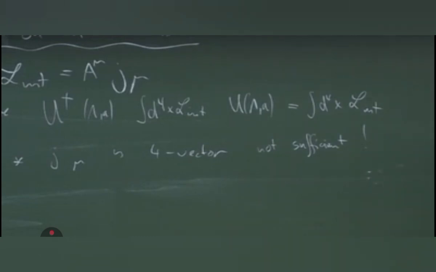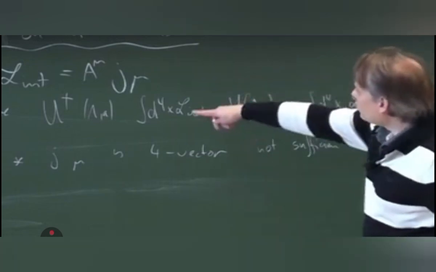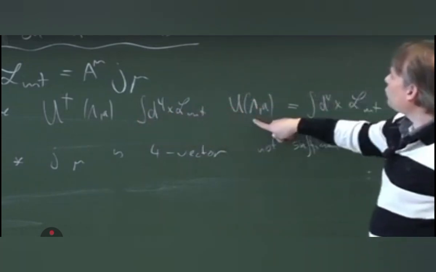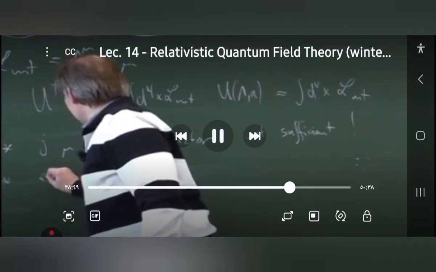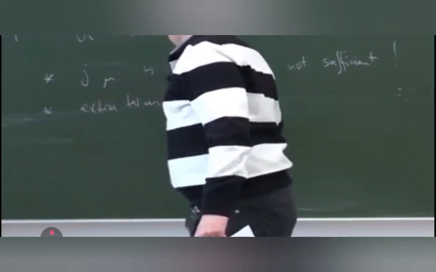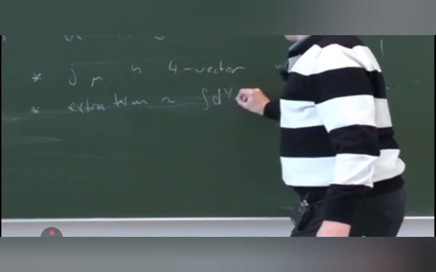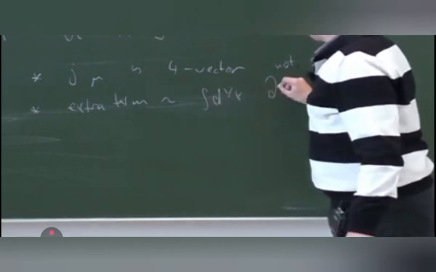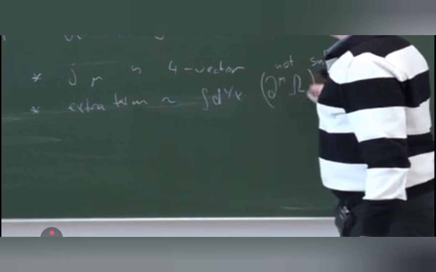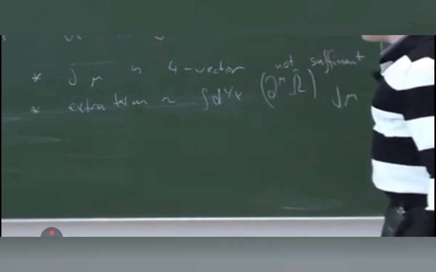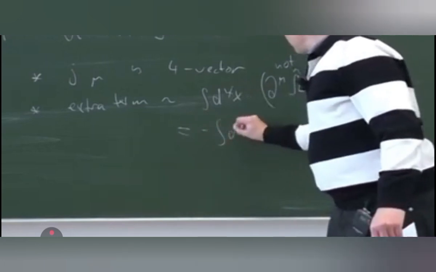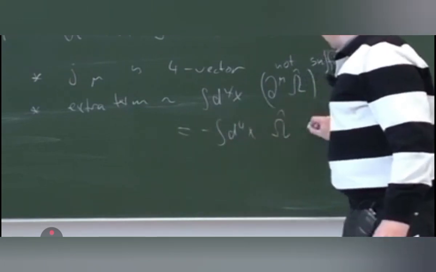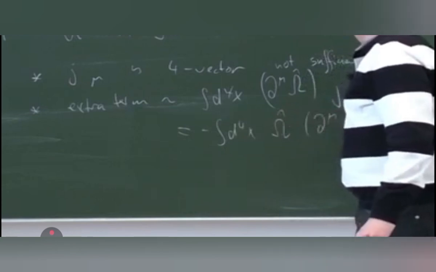What could go wrong? Under this transformation we get an extra term which is not invariant, which comes from this derivative of omega, and so the extra term has the form integral d4x of d mu omega times J mu. And that is of course by partial integration the negative of omega times d mu J mu.